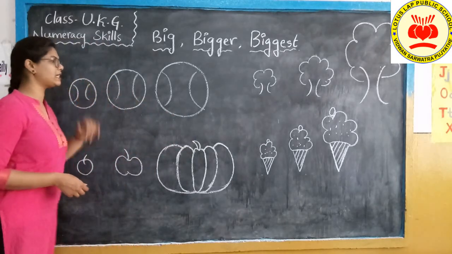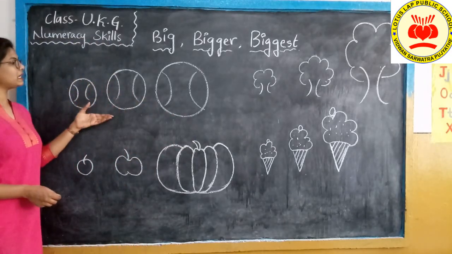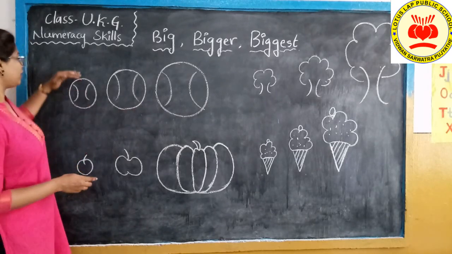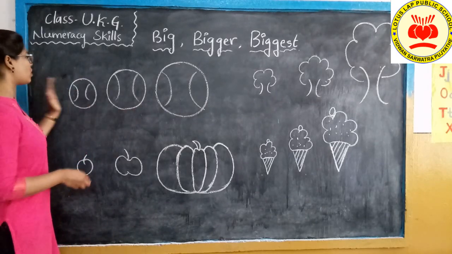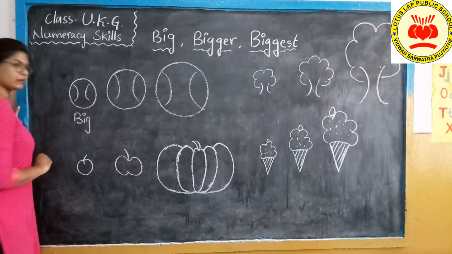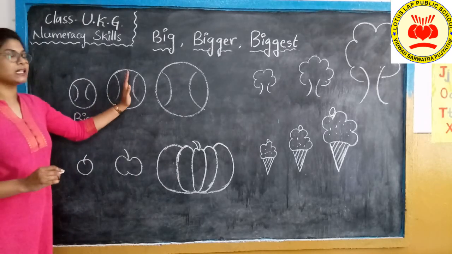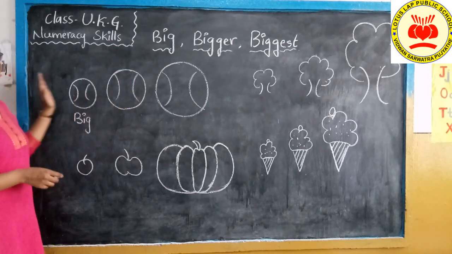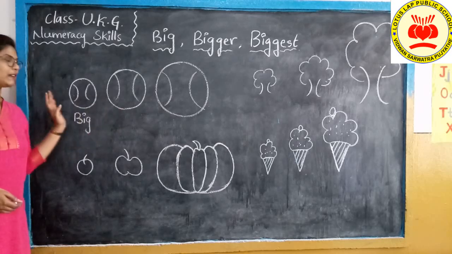Let us see the first example. What is there in the first example? Ball. If I say the first ball is big, the second ball will be bigger than the first ball.